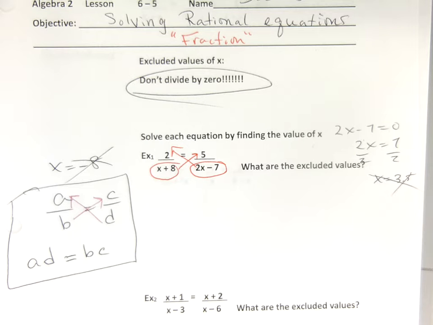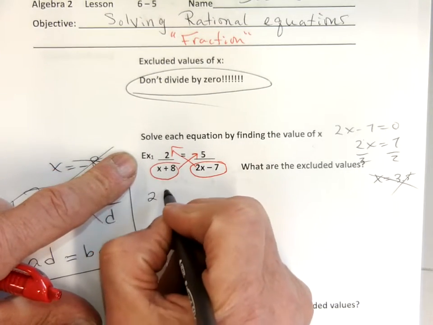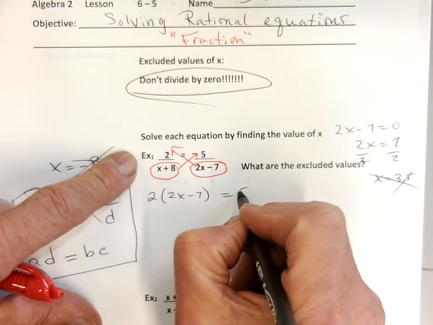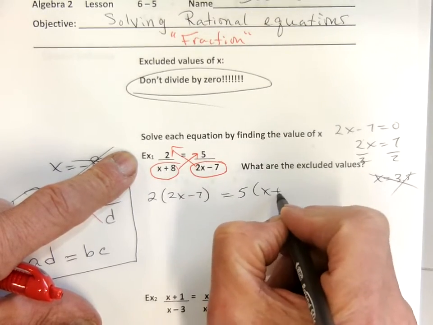When I cross multiply, there's no more fraction, which is great. It makes it much easier. So let's cross multiply, and I would have then a 2 times a 2x minus 7 equals a 5 times an x plus 8.